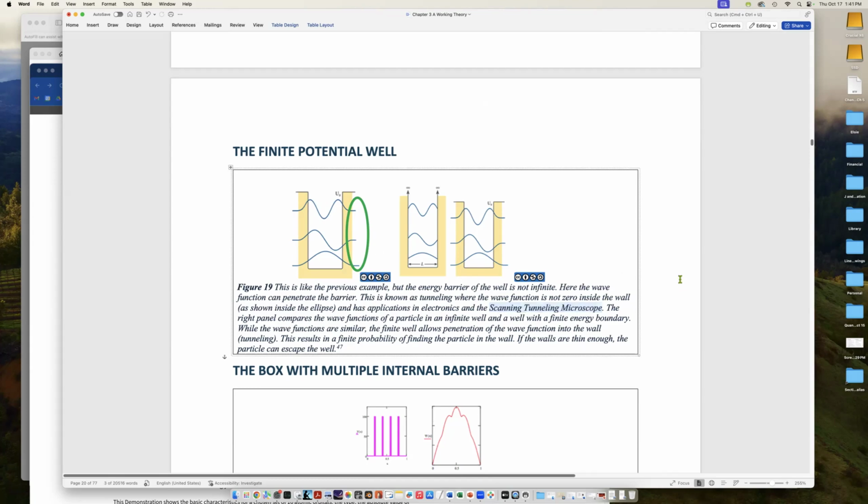And the first application of understanding this process occurred in the 1920s when people were thinking about why radioactive elements are stable, they sit there, and then suddenly something pops out and the nucleus changes. And it turns out it's a tunneling process in some cases. This was worked out in the mid 1920s.